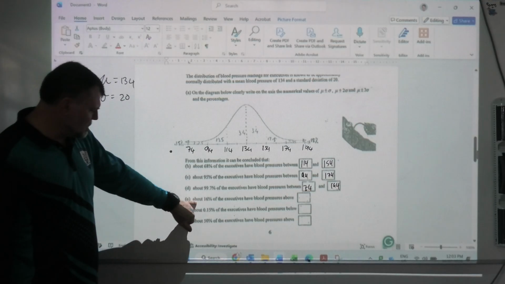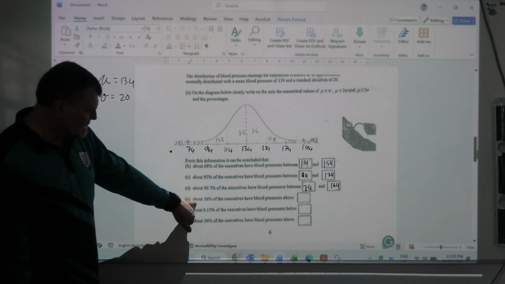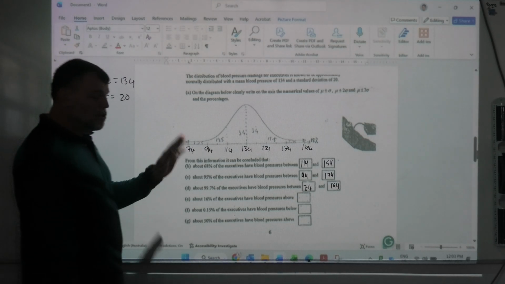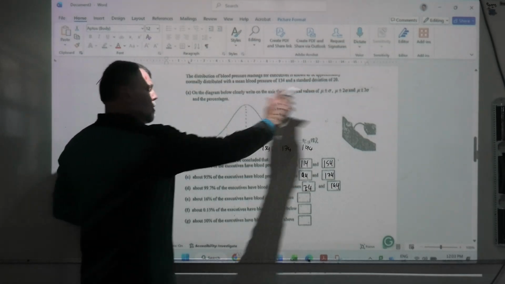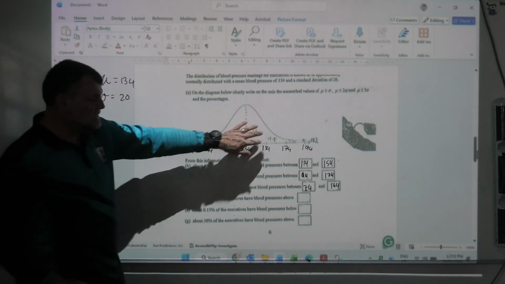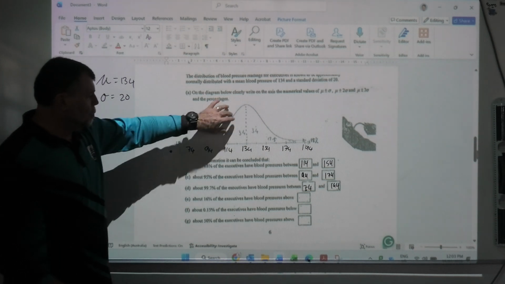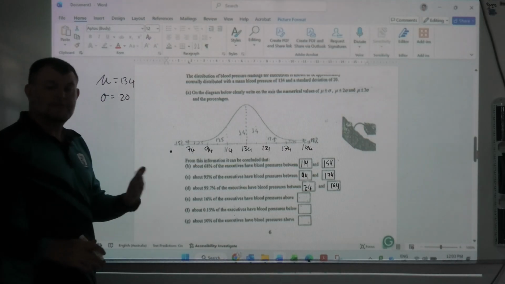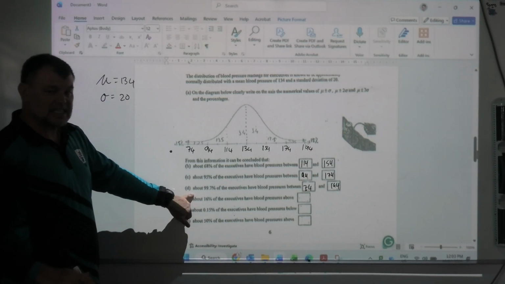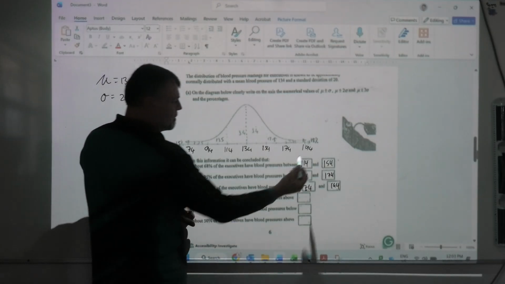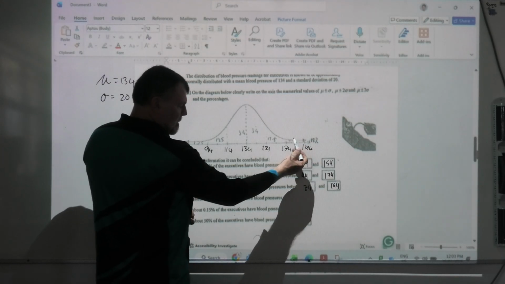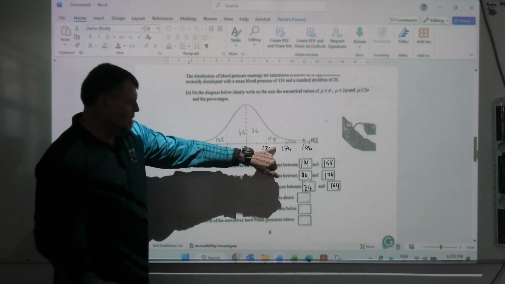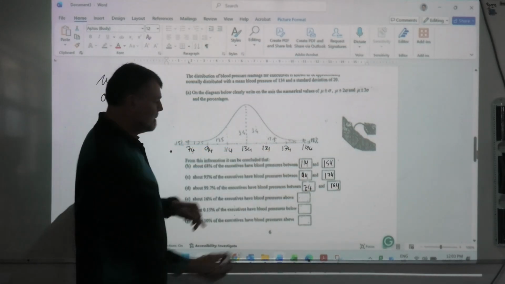We now look at this next question. It says about 16% of the executive blood pressures are above. So if we're looking for above, we're looking for something on the right-hand side. And this is where those percentages come into place. We know that if we add all these up on this side, we're going to get about 50%. But we only want 16% of that data. So we know we've got 0.15 plus 2.15 gives you about 2.3, plus approximately 13.5, which gives you that 16%.